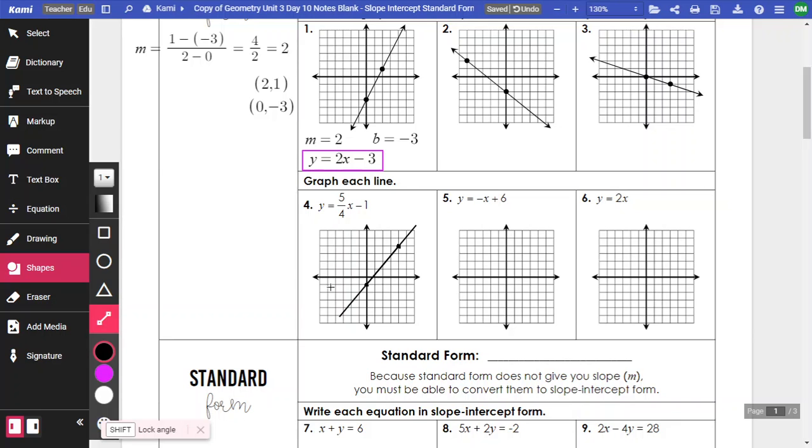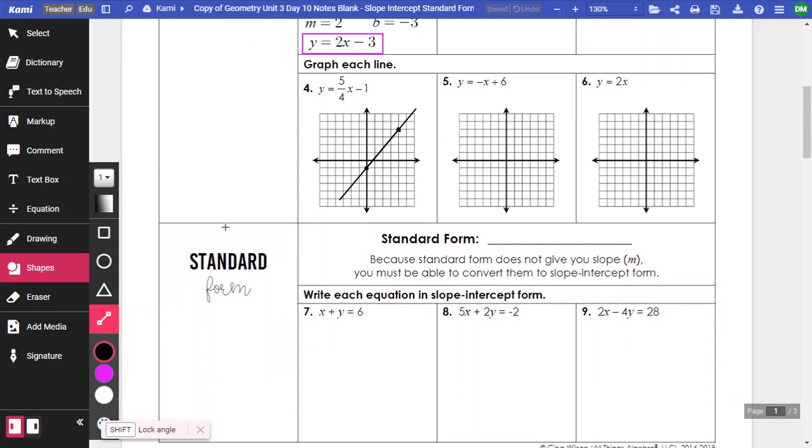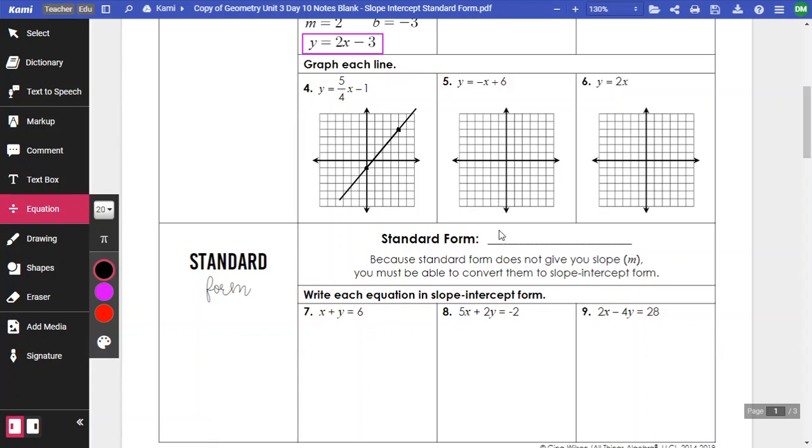Okay, the other type of equation that we're looking at in this section is standard form. So in standard form, we've got the equation ax plus by equals c, where a, b, and c are some constants. They're just some number.